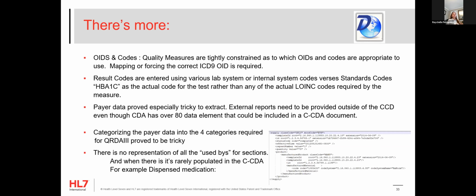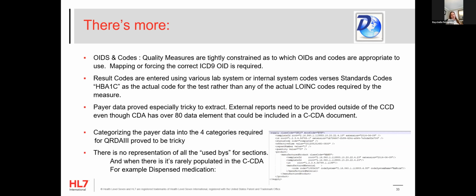We found that results, and this was already covered, like the result code HBA1C seems good to me. I know exactly what it is, but it's not the LOINC code. So if it's not the LOINC code, then I can't use it. But it makes sense to the person reading the document that that's totally an HBA1C.